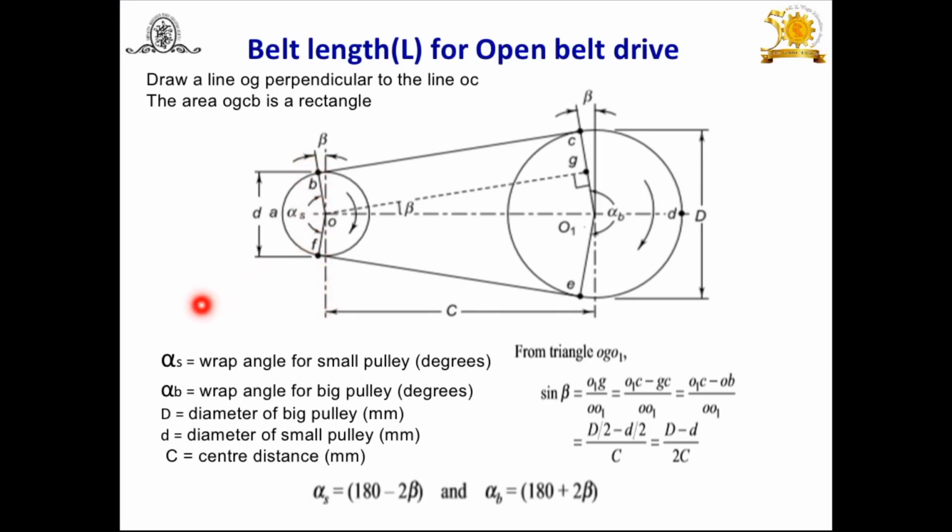So you will find the angle of wrap for the smaller pulley is 180 minus 2 beta. And for the larger pulley, the belt comes in contact up to these parts. This is 180 and this is beta, and for the larger pulley you will find the angle of wrap 180 plus 2 beta. 180 plus this beta, and this beta means 2 beta.